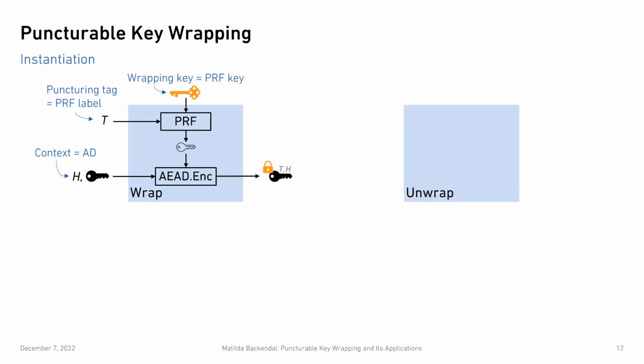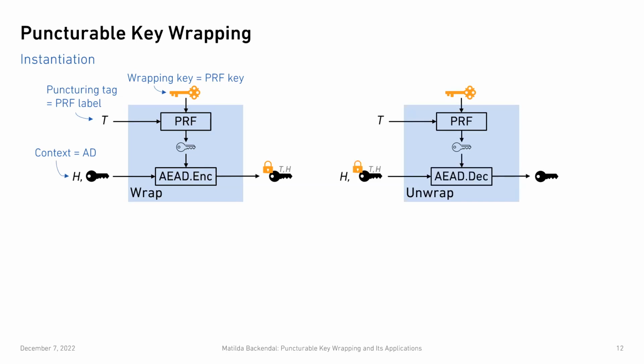And unwrapping starts the same way, namely it evaluates the PRF on the puncturing tag to get the AEAD key, and then uses the key to decrypt the ciphertext and outputs the unwrapped key. But how do we get puncturing from this? Well, we don't actually use any kind of pseudorandom function, but a special type known as a puncturable pseudorandom function, or a PPRF.